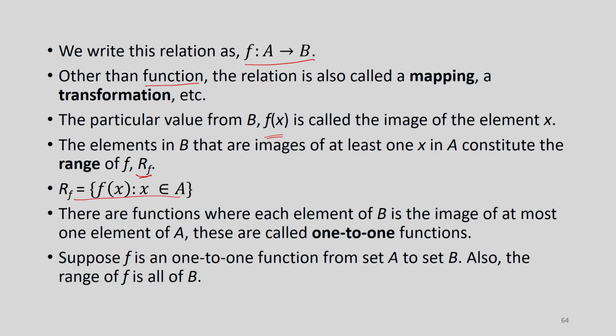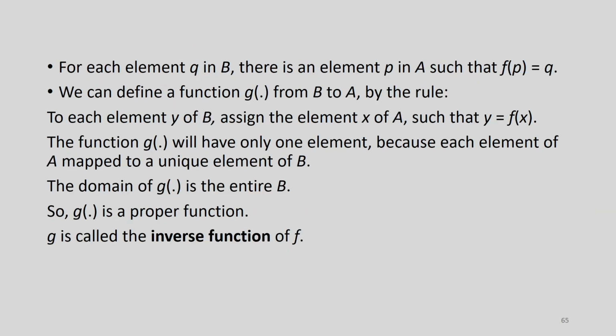There are functions where each element of B is the image of at most one element of A. Suppose f is a one to one function from set A to set B, and also the range of f is all of B. For each element q in B, there is an element p in A such that f(p) is equal to q.